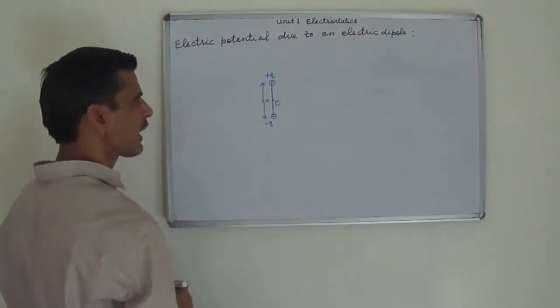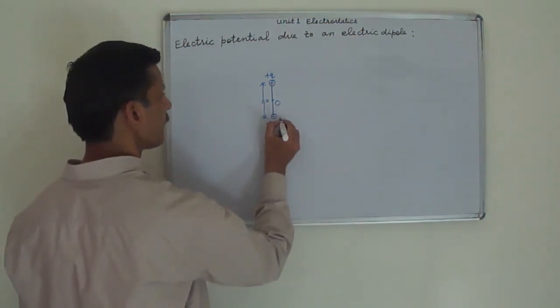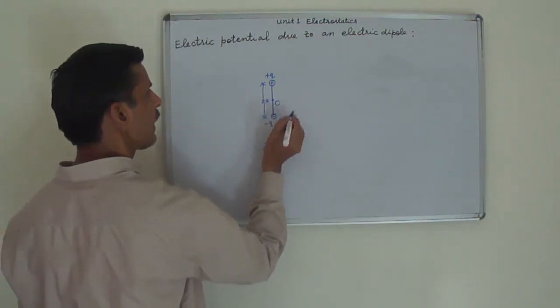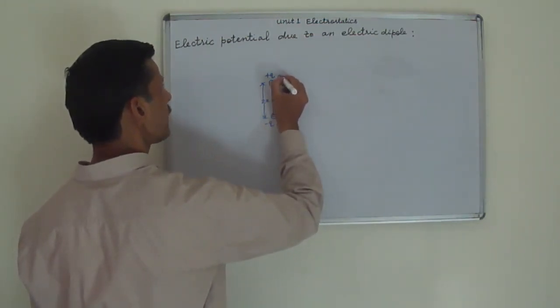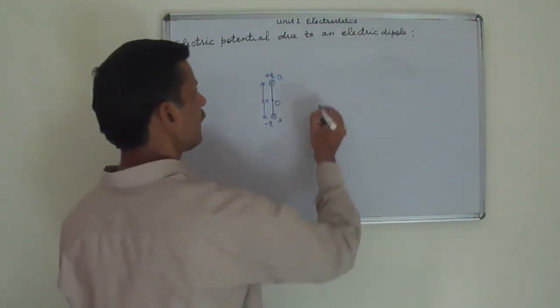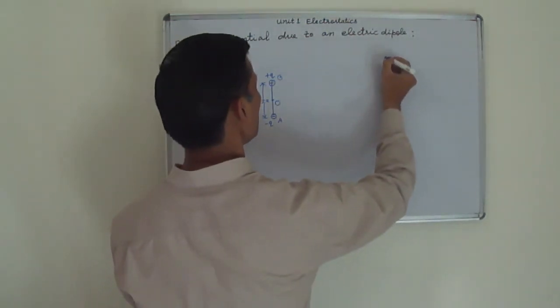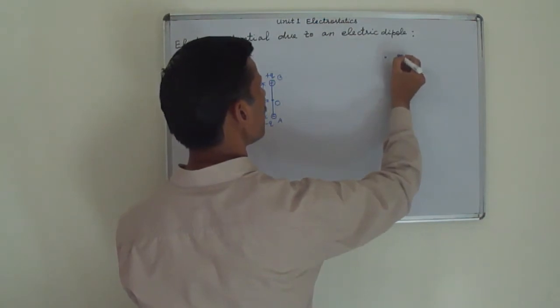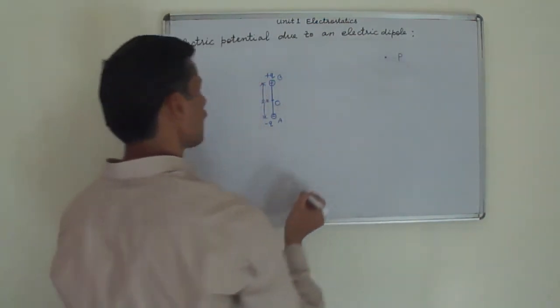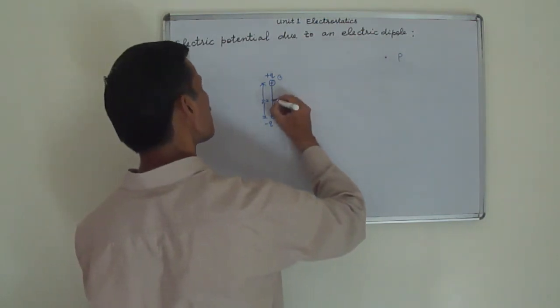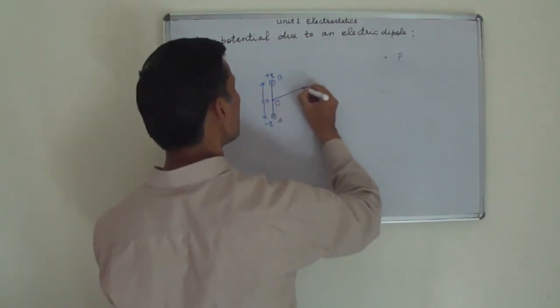O is the midpoint of the dipole. Minus q charge is situated at point A and plus q charge at point B. We want to find potential at general point P. So this is point P. Point P is at r distance away from the midpoint of the dipole.